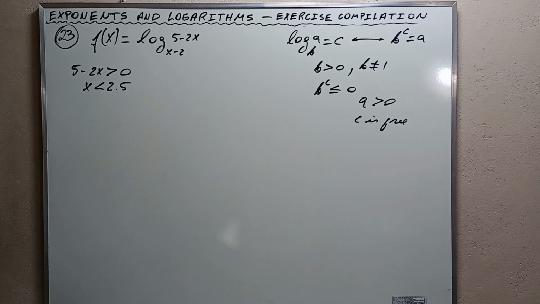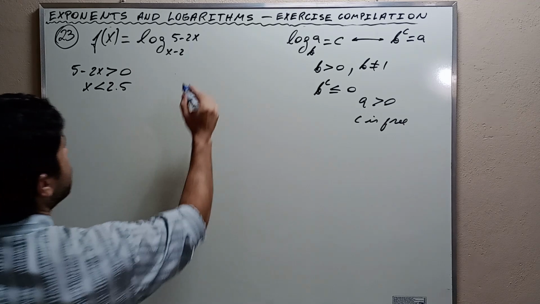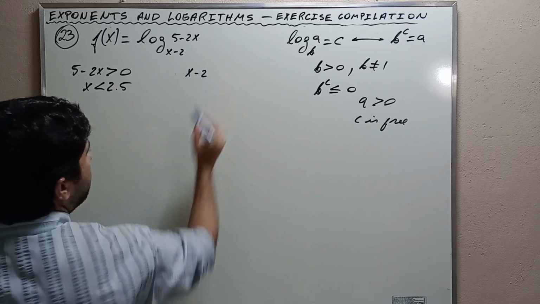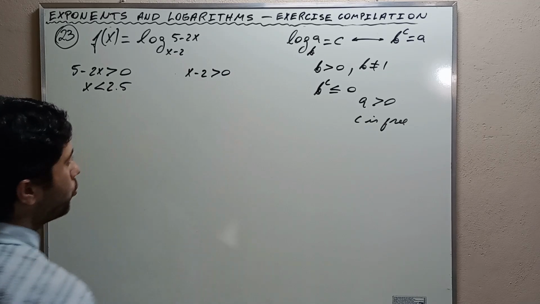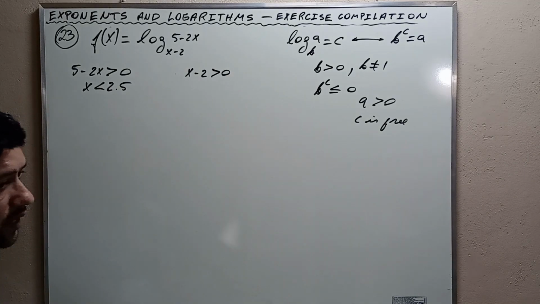And how about the base? X minus 2, the base, has to be greater than 0, but additionally, the base must not be 1. Okay? Why not? If the base is 1, then there is a problem there.